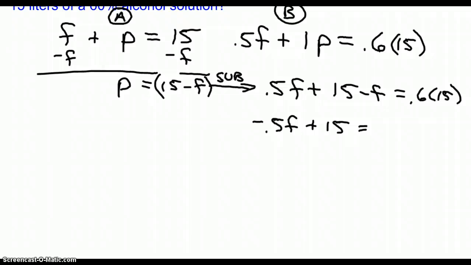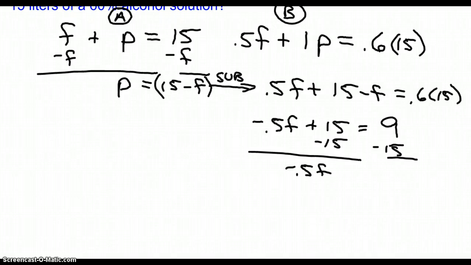Well, 6 times 10 is 60. 6 times 5 is 30, so that would be 90, but I've got one decimal place. So instead of 90, we have 9. All right, let's go ahead and subtract 15 from both sides. Nine minus 15, negative 6.